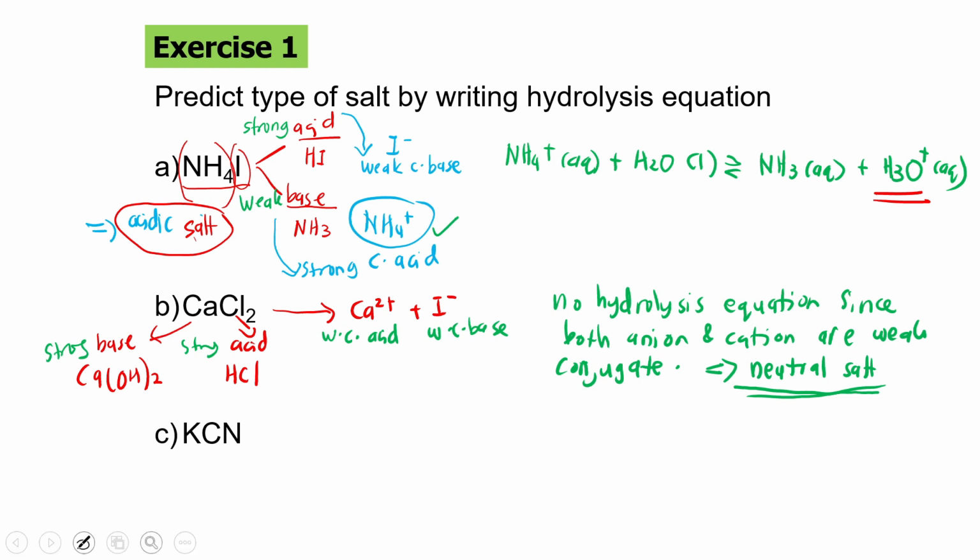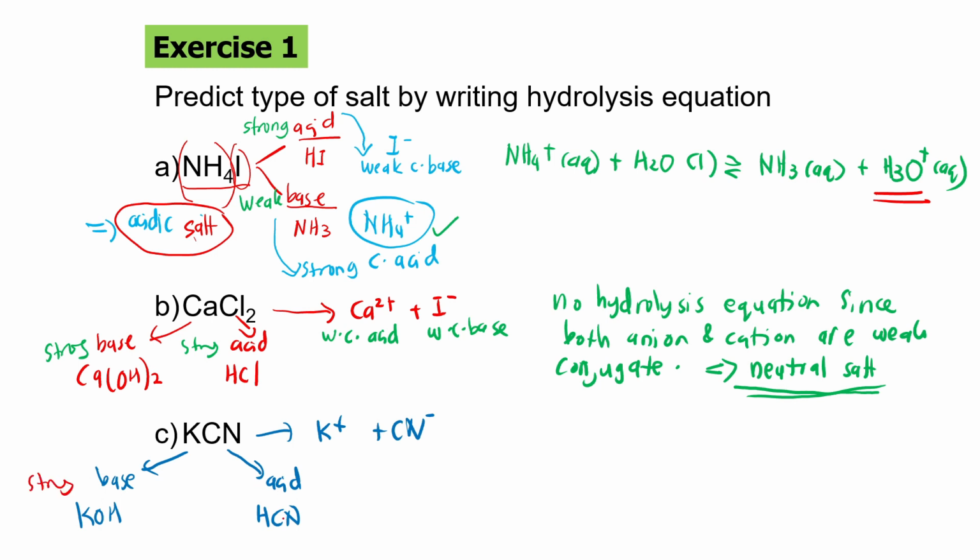Okay, KCN. So KCN salt produce K plus dengan CN minus. K come from base KOH. CN daripada acid HCN. Senang je, kalau acid kamu tambah je H. Kalau base kamu tambah je OH. So KOH group 1. Yang ni semua group 1 yang produce base, dia ialah strong base.